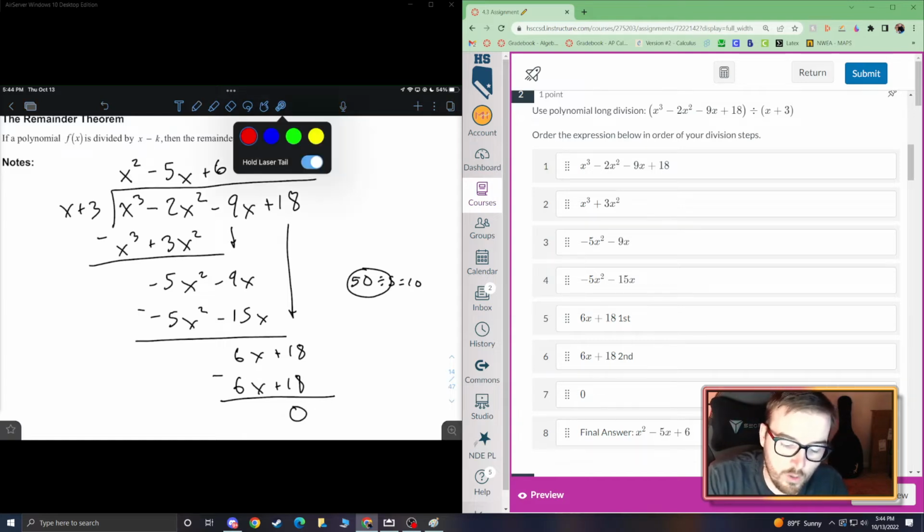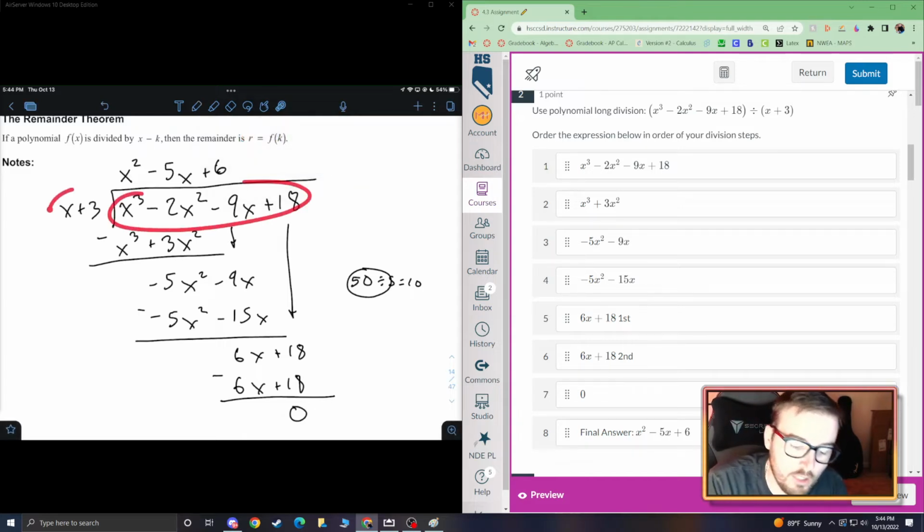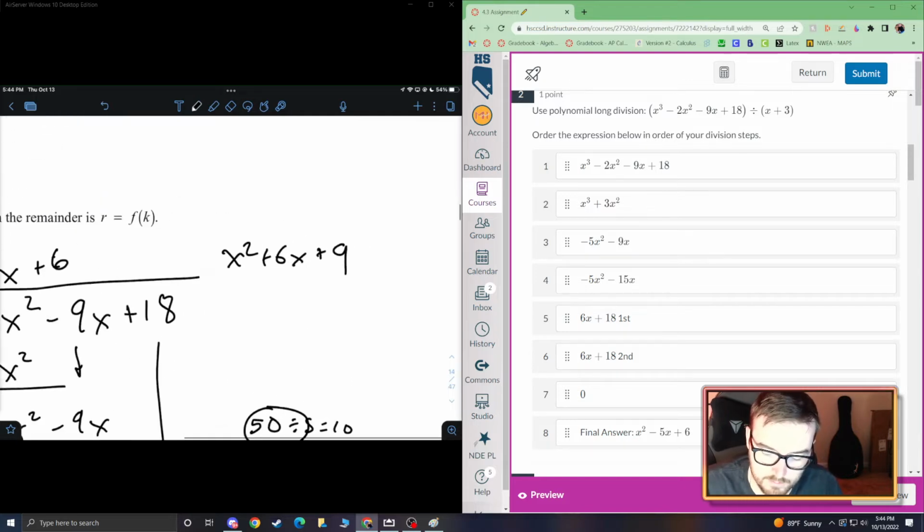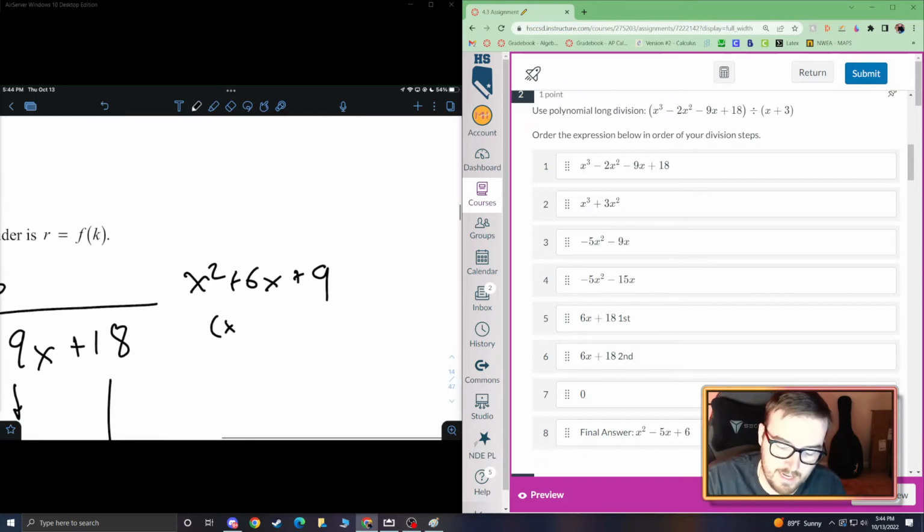So what are we discovering by doing this polynomial long division? We have just discovered that x plus 3 is a factor of this long polynomial expression. We've been factoring simple things, like x squared plus 6x plus 9, that factors into x plus 3 and x plus 3.